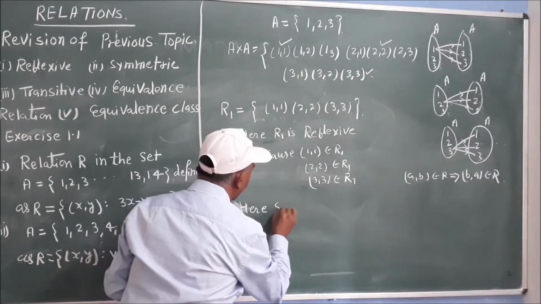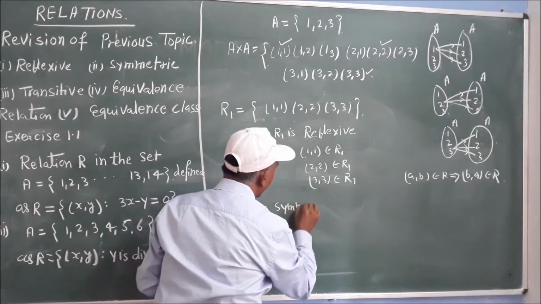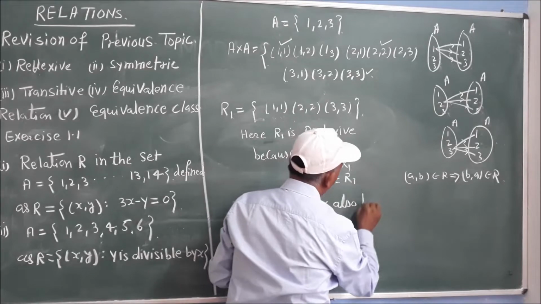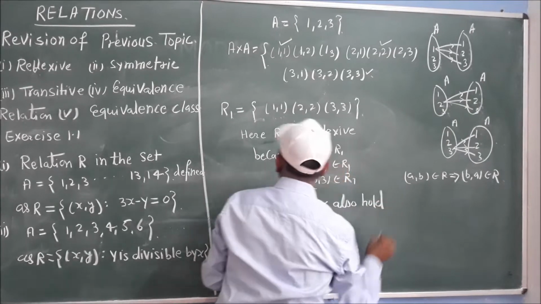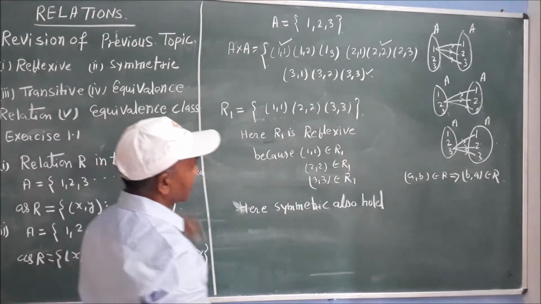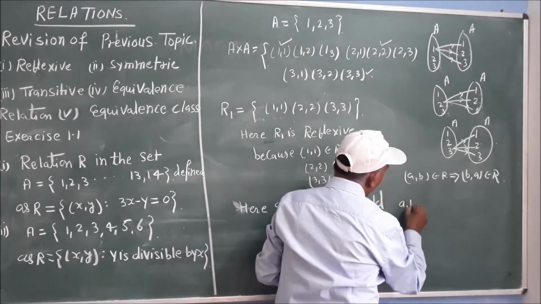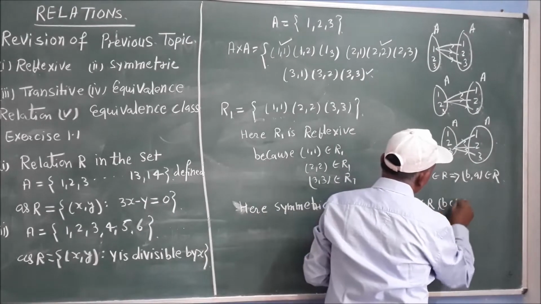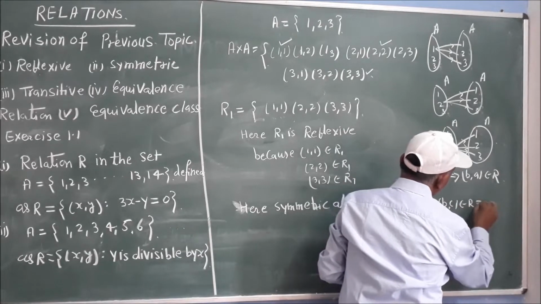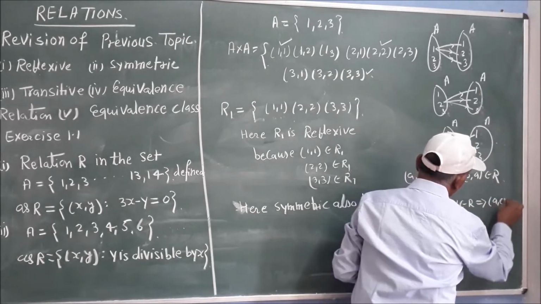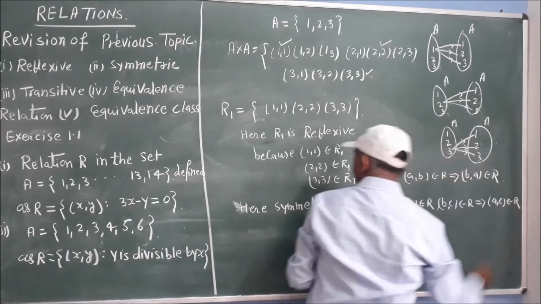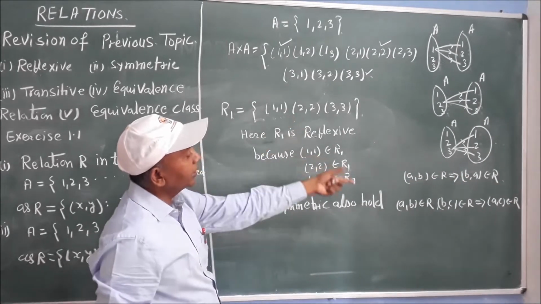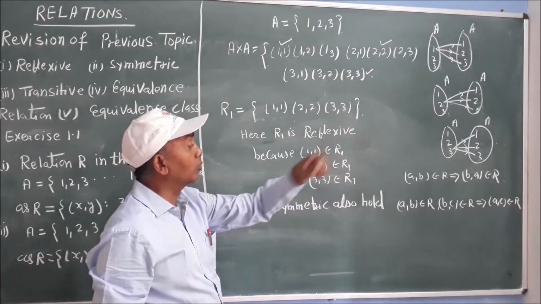So here you can say, reflexive property holds, symmetric also holds. And for the transitive property, (a,b) belongs to R, (b,c) belongs to R, this implies (a,c) belongs to R. Here (a,b) is not given, (b,c) is not given, so no need to calculate (a,c).